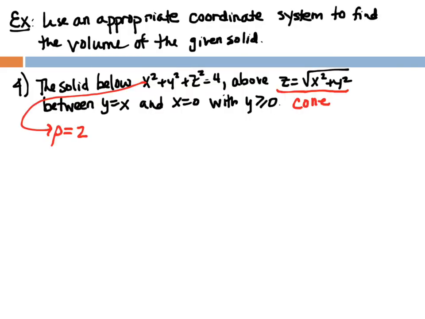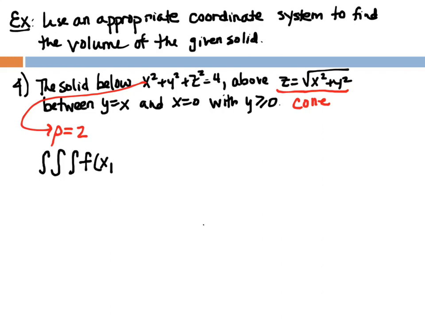So taking a look at these equations, we've got to see how we're going to set up our limits of integration for our integral. So our integral, a triple integral in spherical coordinates, is just the integration of dV. Let me write it differently so that we can see the pieces better.